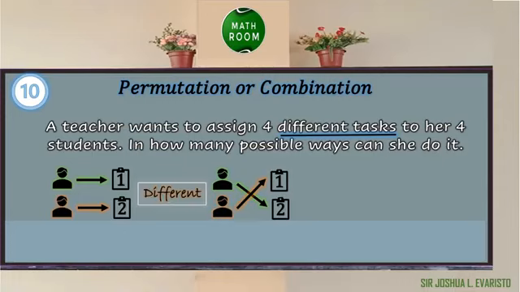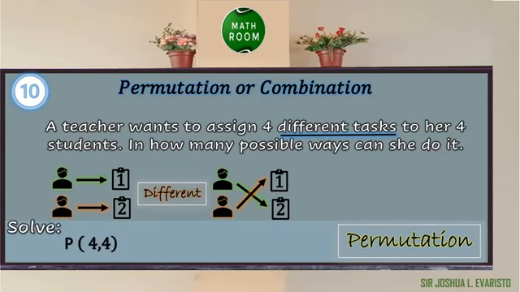Yes, these are 2 different ways because order is important. Therefore, this problem is all about permutation and can be computed using P of 4, 4 since we have 4 different students with 4 different tasks.